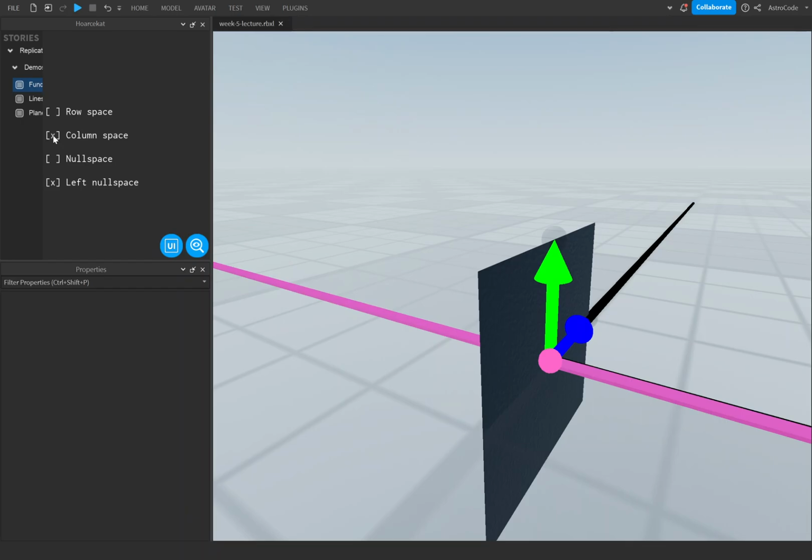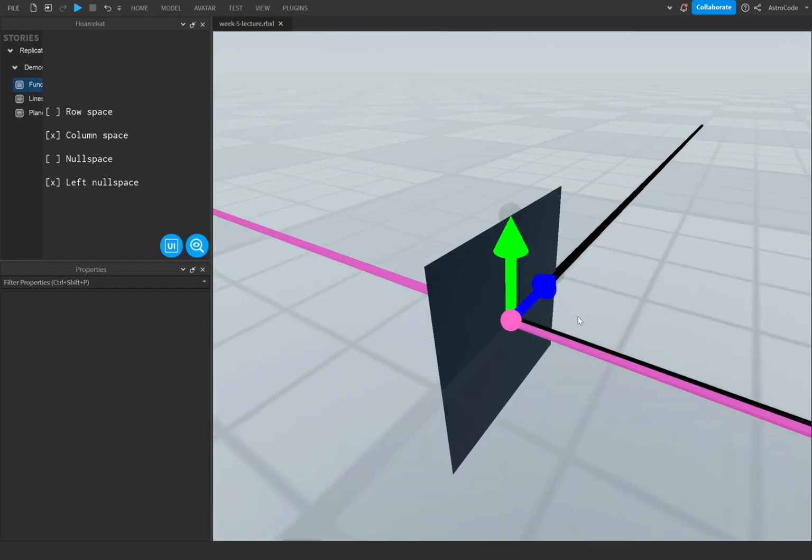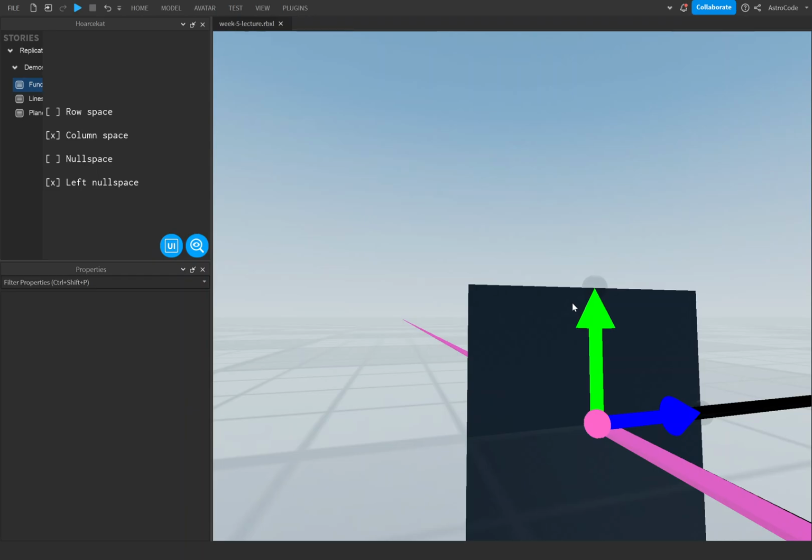What's interesting to notice about the column space here is that the left null space is perpendicular to the column space. So what I did is I took that red vector and I crushed it to 0, meaning now the column space is only this plane spanned by these green and blue columns.